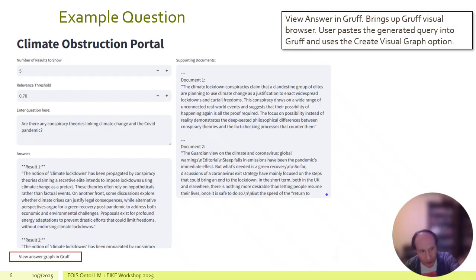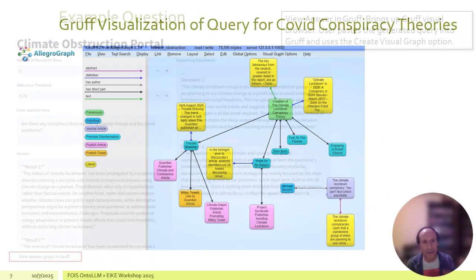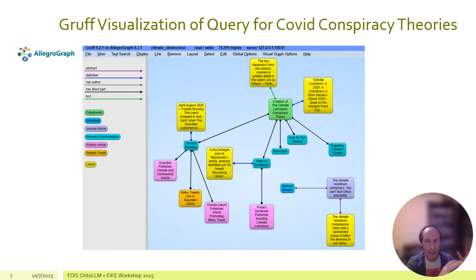But then also we're going to now click this View Answer Graph in Gruff, and that will take us into the AllegroGraph Gruff visualization tool. Now, this is not the exact interface that we'll see when we hit that link. We'll first go into one of several different views in Gruff, the view which you usually start from, which allows you to type in a SPARQL query.